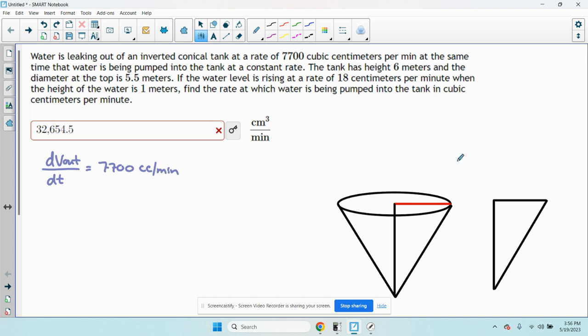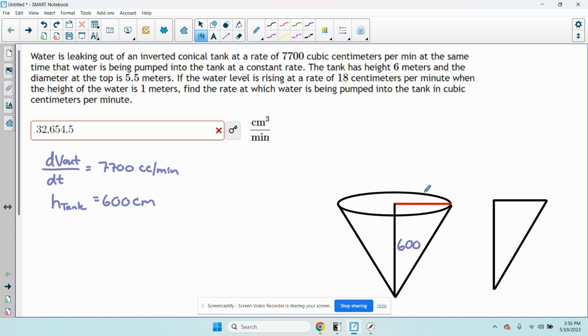The tank has a height of 6 meters, so this height here is 6. But I want all my units to be the same, so I'm going to keep everything in terms of centimeters. So 6 meters is the same thing as 600 centimeters. So we'll say h of the tank is 600 centimeters.